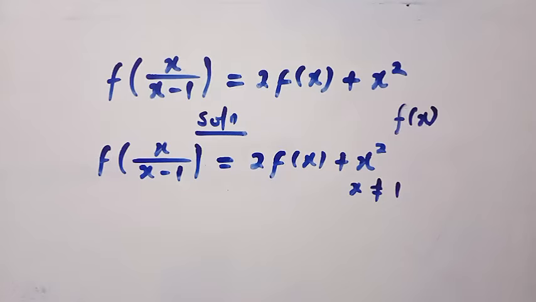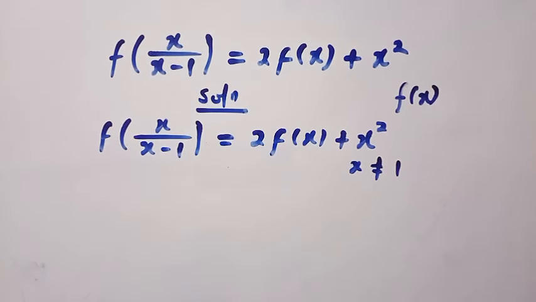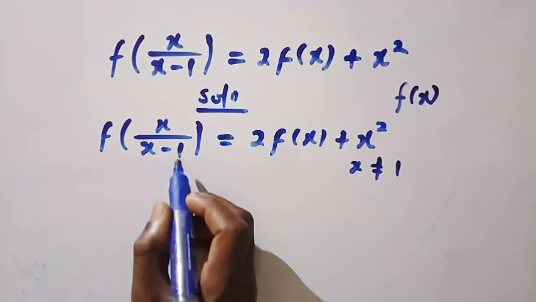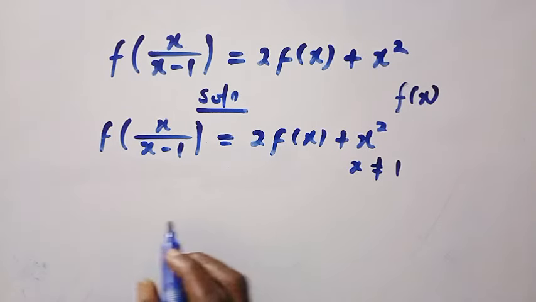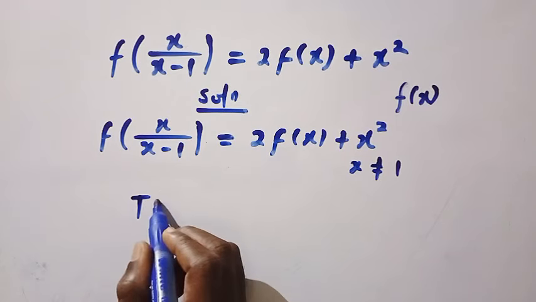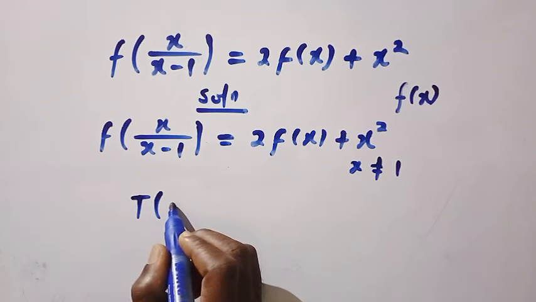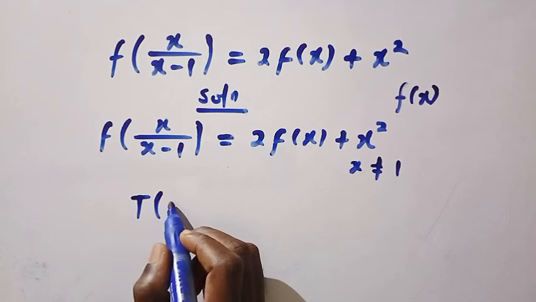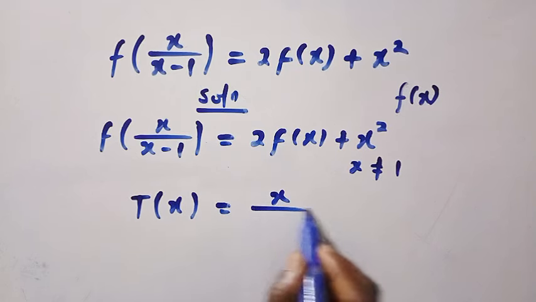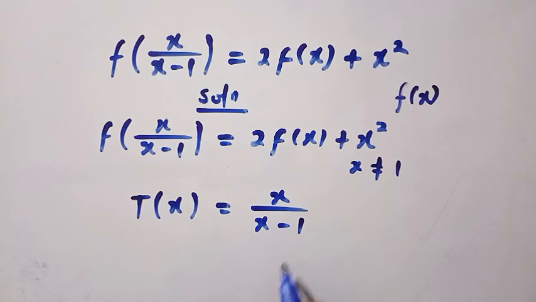So the first step is, let's test for involution. If we test for involution, suppose I let this x over x minus 1 be another function. So let's say I choose t of x to be equal to the whole of x over x minus 1.